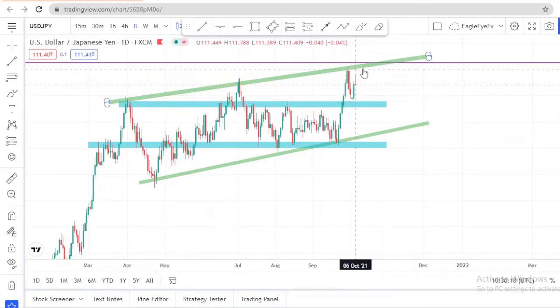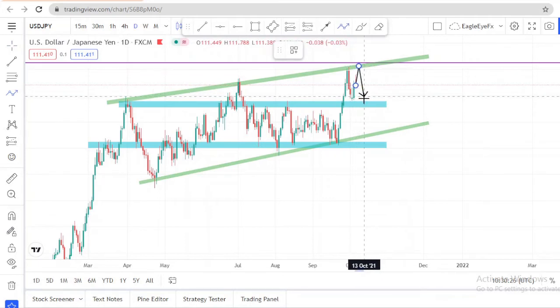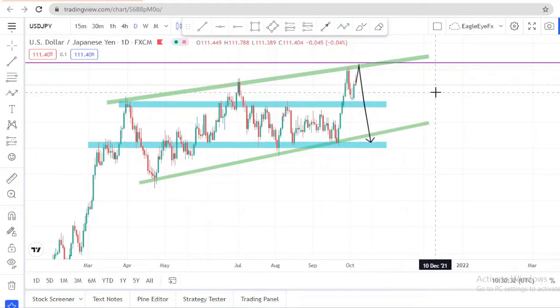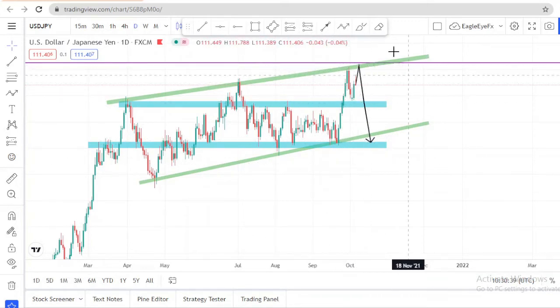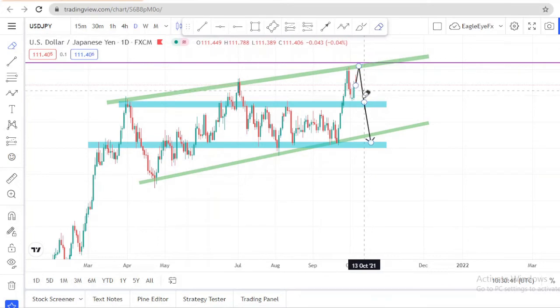And already from what you can see, it's going to form something like a double top. So perhaps this market might actually complete this before it either comes down to this level, or even goes further down over there, because it was already down here, then it has gone up. So definitely I'm expecting this market to come down all the way.